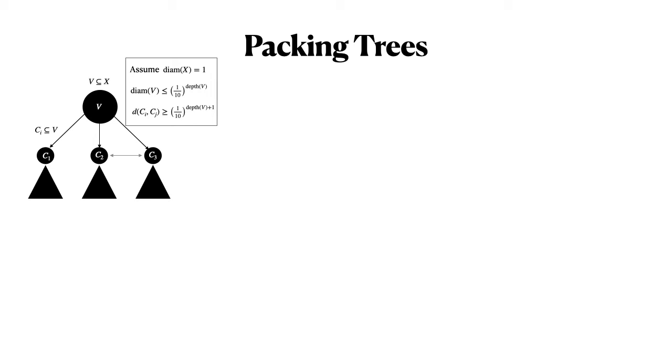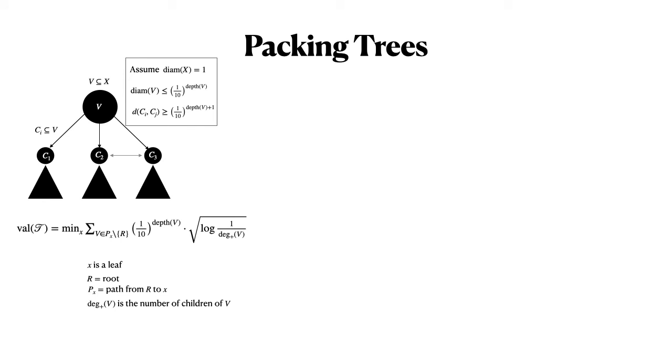And we also require that the children of any vertex are separated in this tree. So in particular, for any child, the distance must be at least 1/10 times 2 to the minus the depth of its parent plus 1. So essentially, we're trying to pack as many far apart children as possible in this tree.